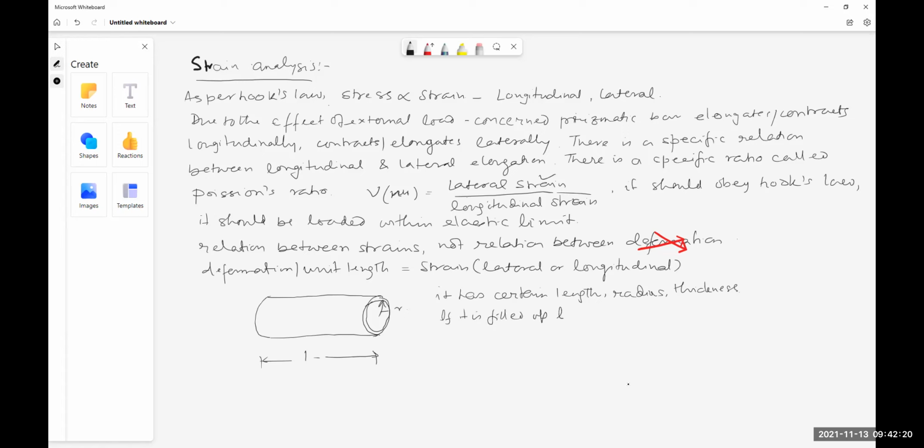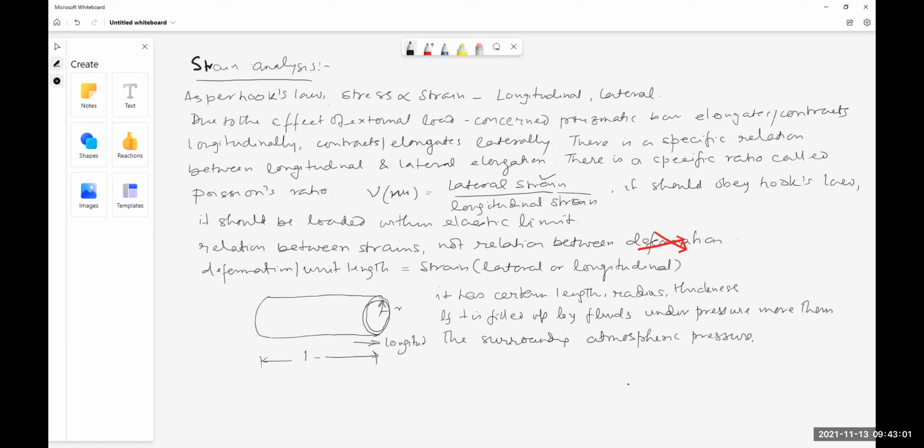if it is filled with fluids under pressure more than the surrounding atmospheric pressure, then what happens? It is subjected to stresses.